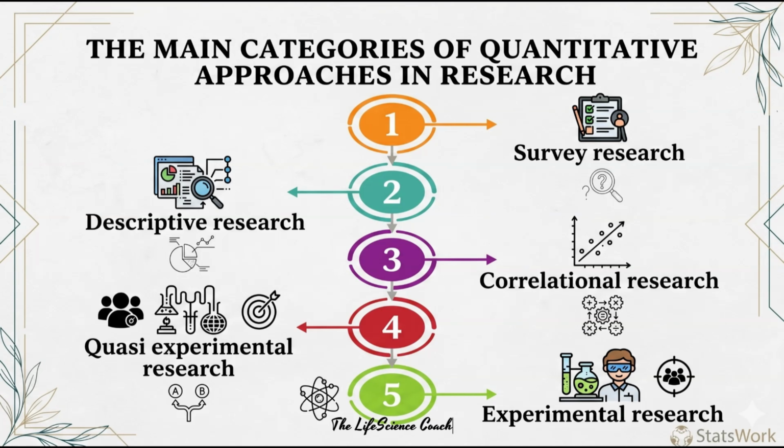Another category is quasi-experimental research. In this approach, researchers try to study cause and effect relationships, but they may not have full control over all variables or participant groups. It is often used in real-life situations where conducting a true experiment is difficult. Finally, experimental research is considered one of the strongest quantitative approaches.